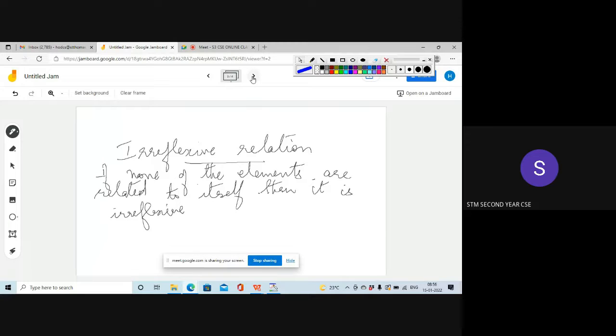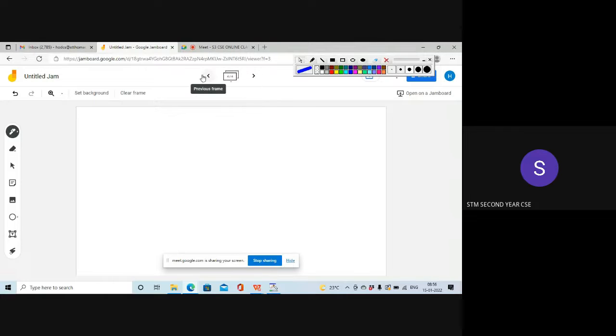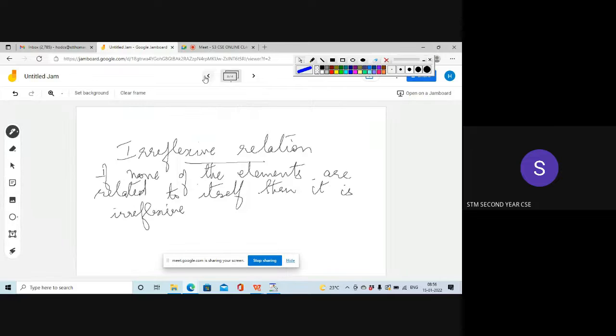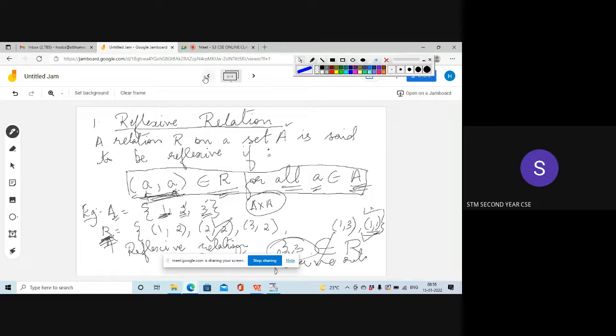Then we discussed another form, the irreflexive relation, and then neither reflexive nor irreflexive relation. That was the first property, reflexive relation.